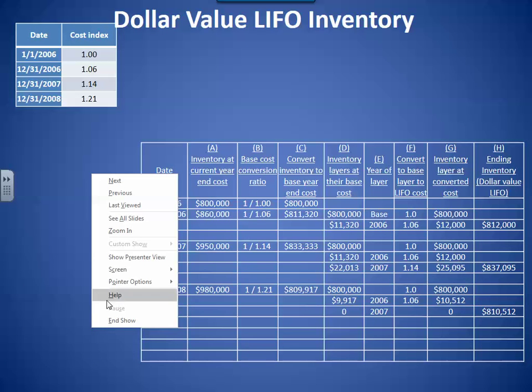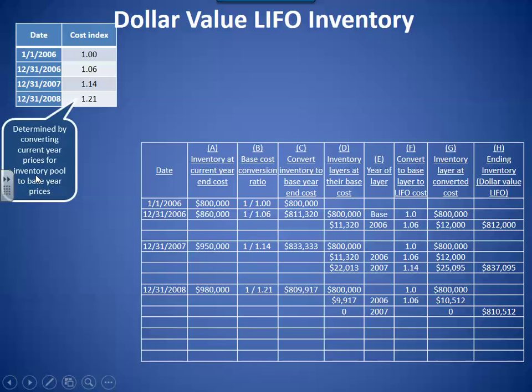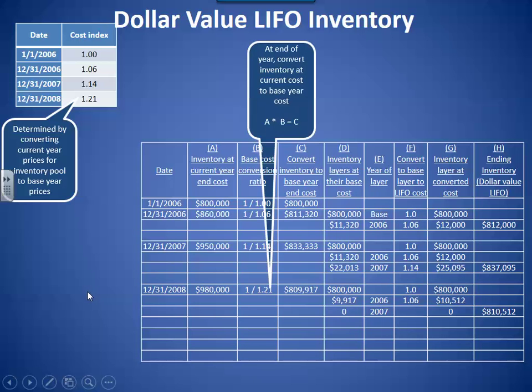Now let's go on to the next iteration of this calculation. In this case, we're now looking at the 2008 inventory. When we did our calculations, we determined 1.21 by converting our current year prices for the inventory pool to our base year prices, and it comes out to 1.21. All the other indices remain the same. So in this case, our inventory at current year cost is $980,000.